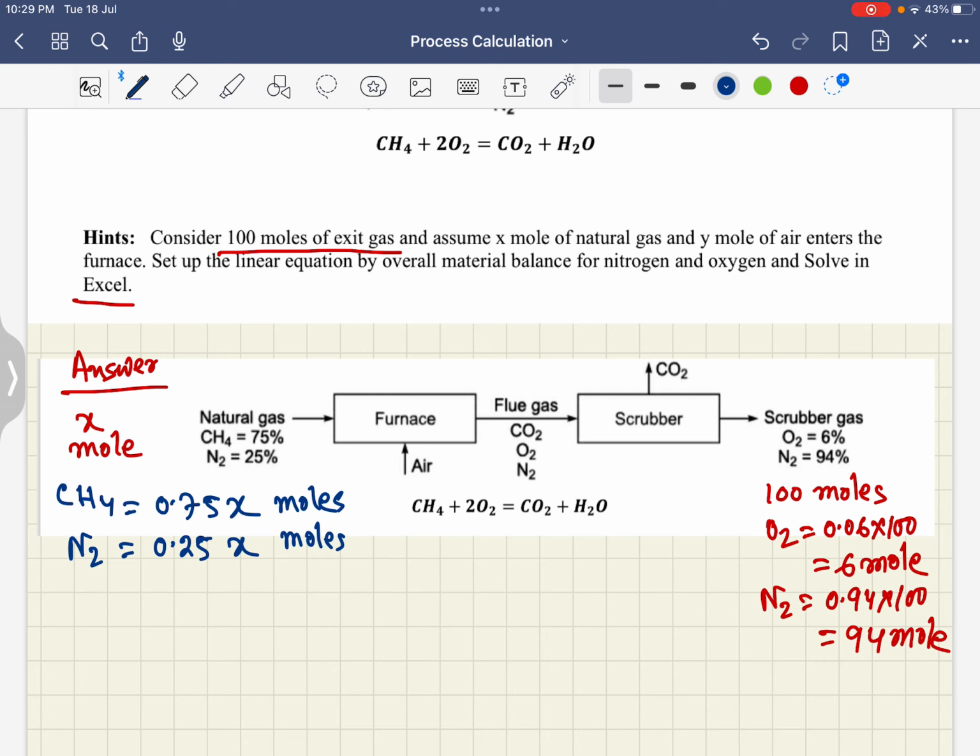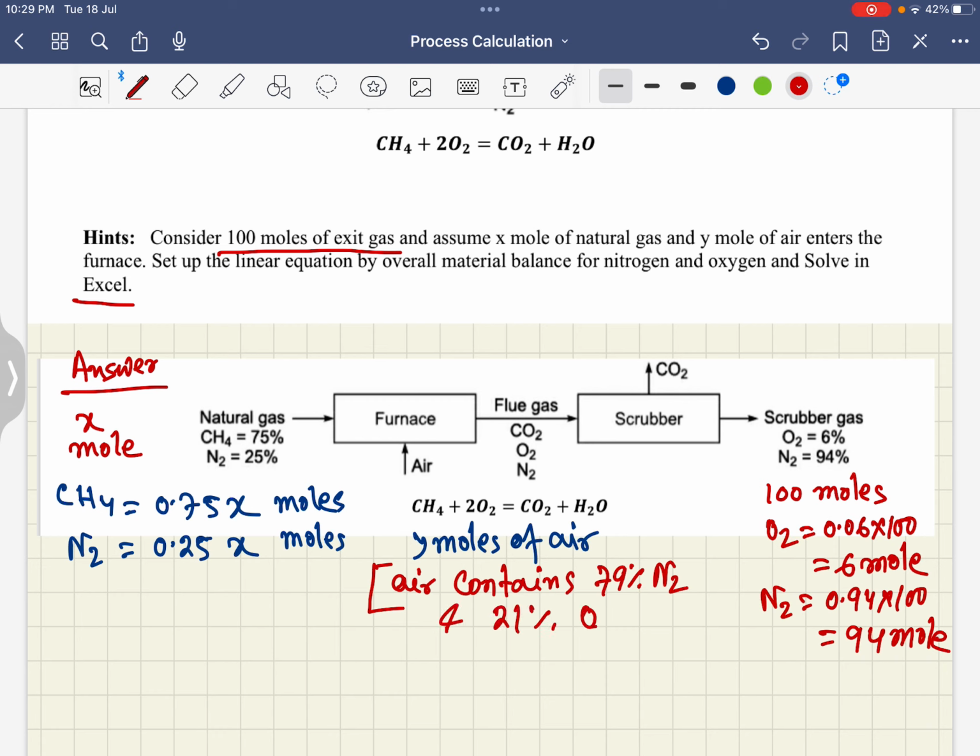Now y moles of air enters the furnace, so that air will be y moles. And we know air contains 79% nitrogen and 21% oxygen.